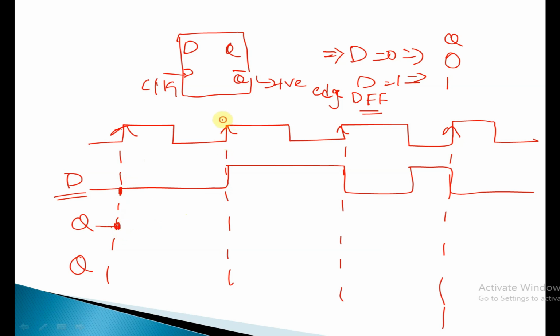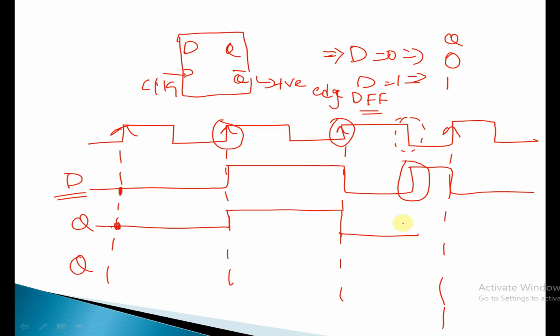Now at the second positive edge, my design will sample the input. That is, it will check whether the input is 1 or 0. Since it is 1, I'm getting my output as 1. At the third clock edge also I'm having a change from 1 to 0, so I will get a change from 1 to 0. Now whether my design will detect this pulse, that it is becoming 1 at this negative edge, whether our output will become 1 at this negative edge or not.